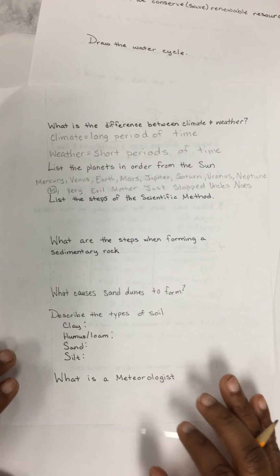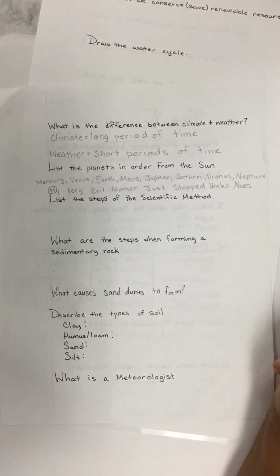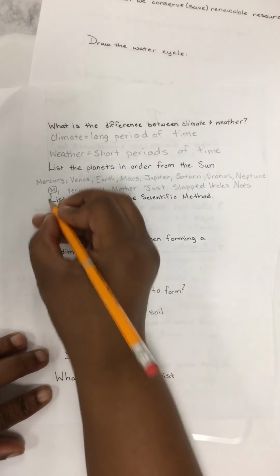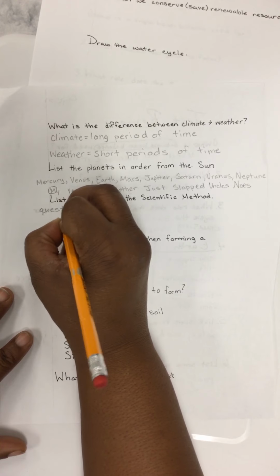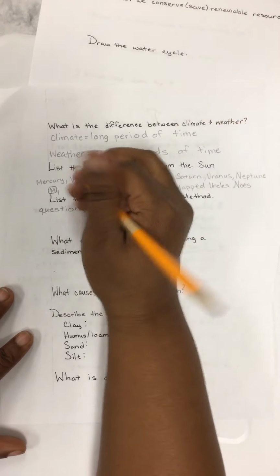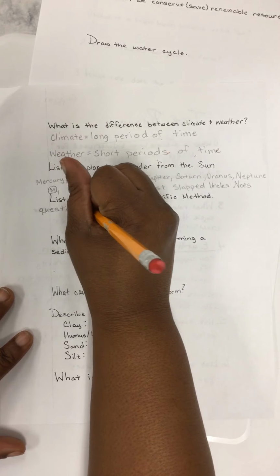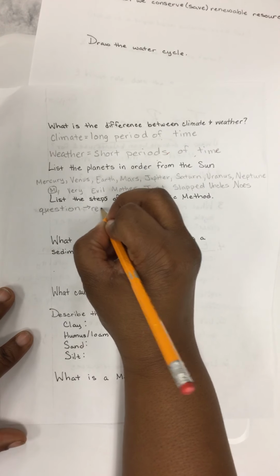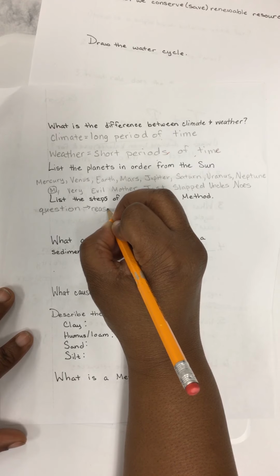Next, we're going to list the scientific method in order. This stuff is from the first 9 weeks, about the 2nd week of school, guys. First, we always start with a question. Let's do it with some arrows. We have to research our question.